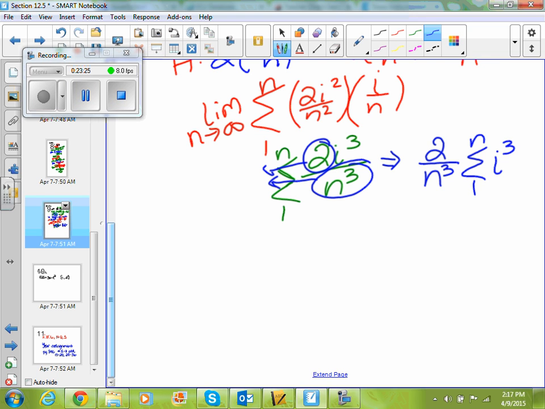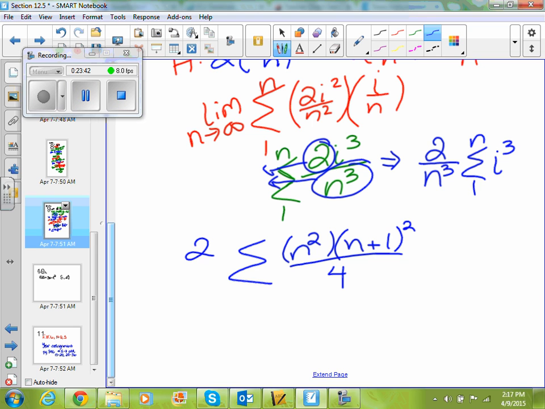Okay, and your sum of any cubic function is n squared times n plus 1 squared divided by 4. Okay, and I still have 2 over n cubed out front.